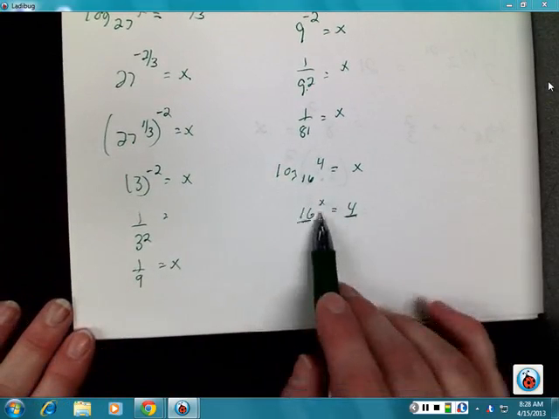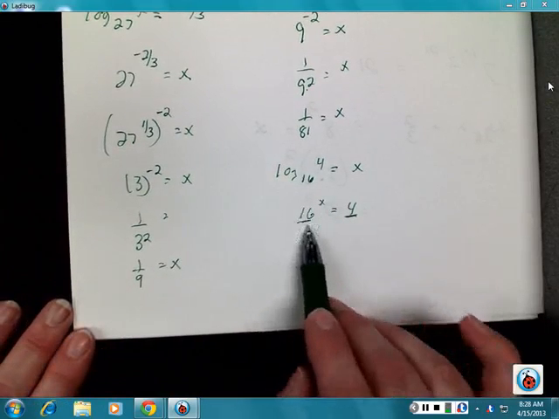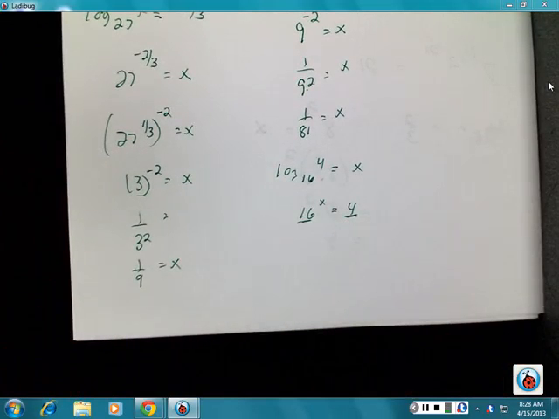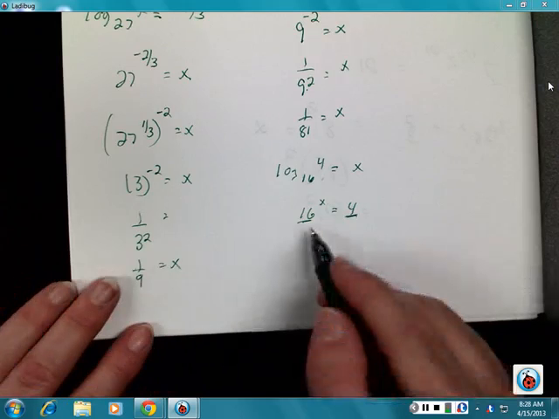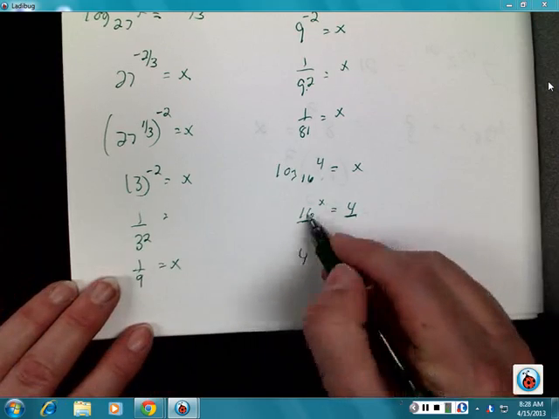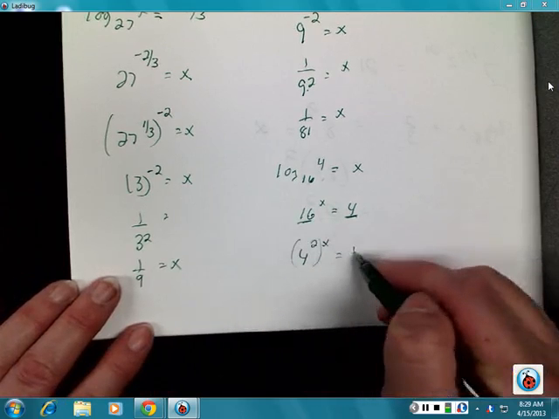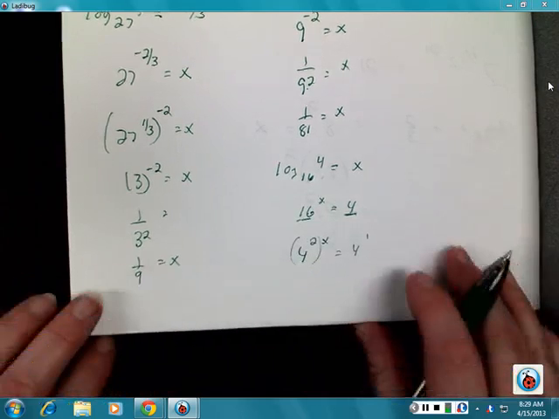If you look at 16, what do we know about 16 in relationship to 4? Yeah, perfect square of 4. So 16 is equal to 4 squared, to the x, and 4 is, of course, to the first power up here.